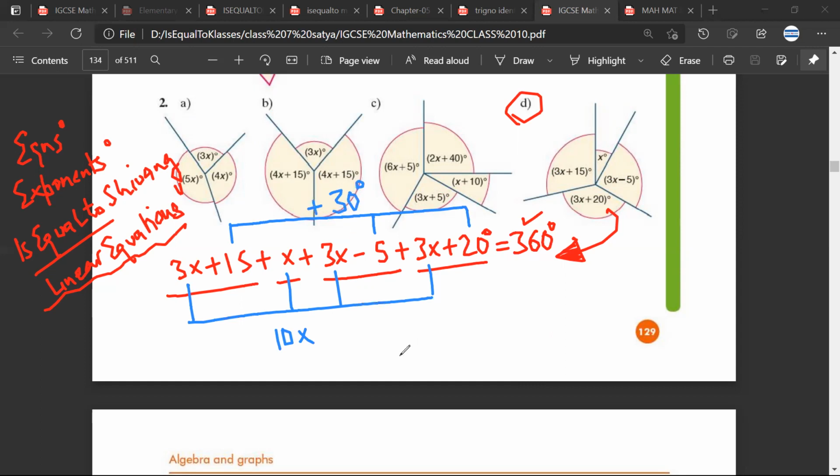So 10x plus 30 degree would be equal to 360 degree. Mr. Sarthak, is it okay? Is this step okay? So just a second, my page is just so low.